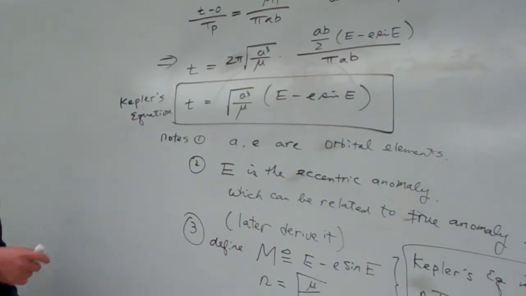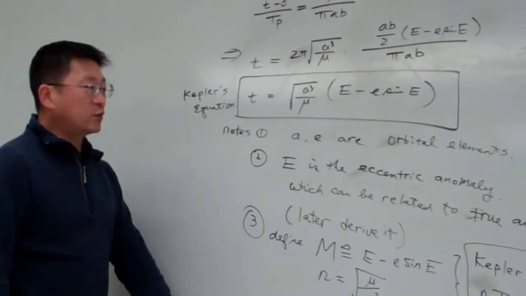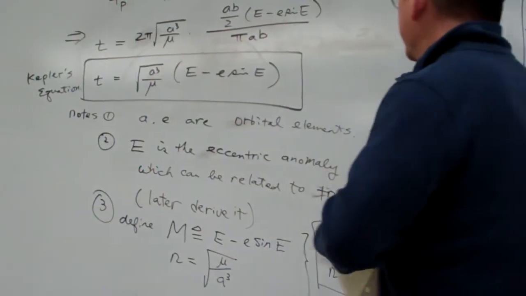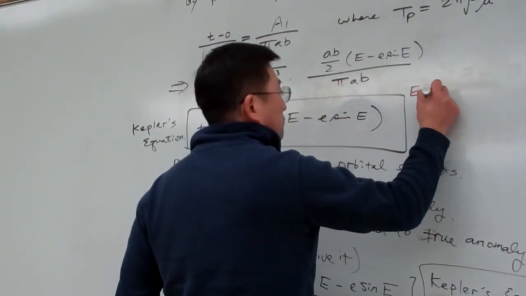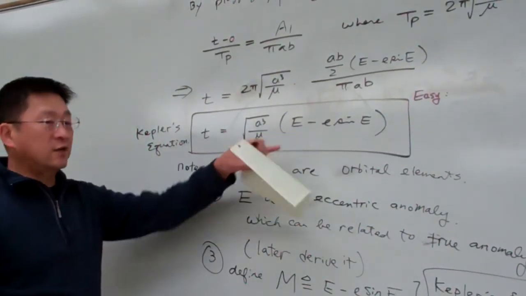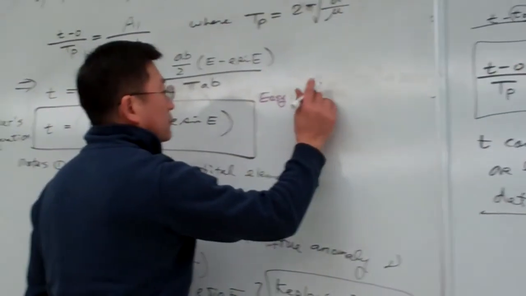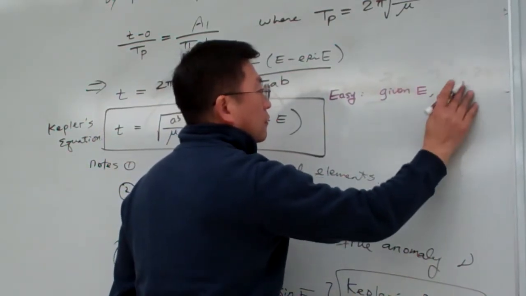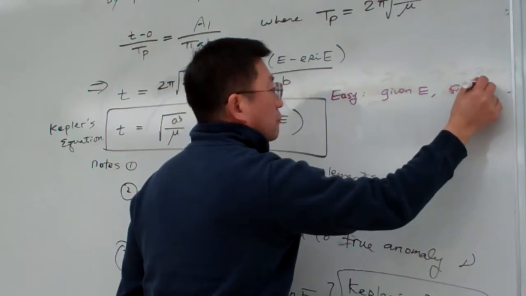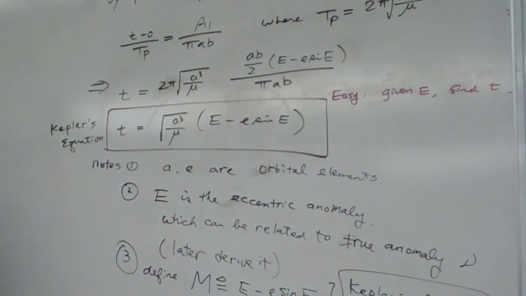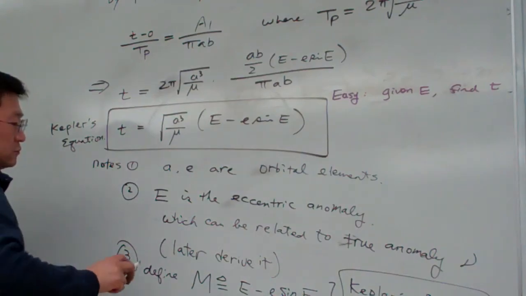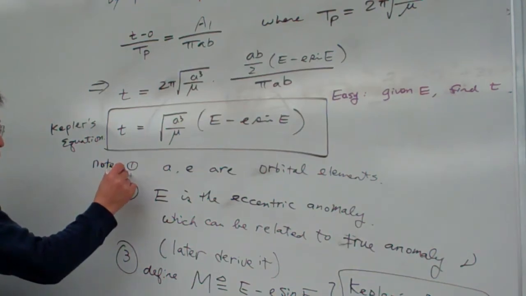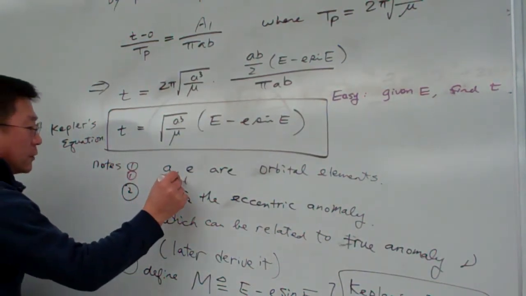From here, we can see what is the easy problem and what is the hard problem. Again, the easy problem of the Kepler equation is this. We are given E, and we find T, the time of flight.